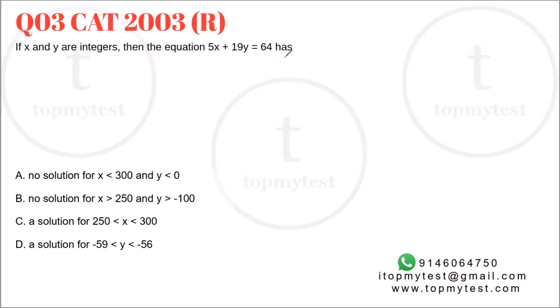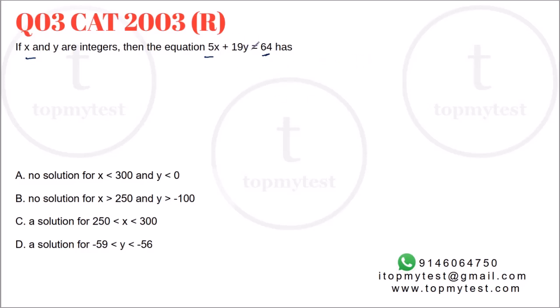Let's see the broad way of how to go about solving this. This is from CAT 2003, the repeat paper. It says 5x plus 19y equals 64. x and y are integers. So whether x is positive or negative, it doesn't matter. All you need to know is that x and y should be integers.